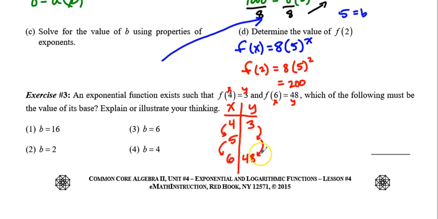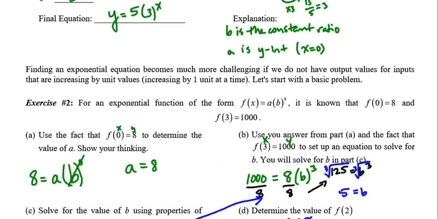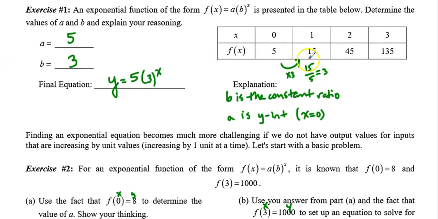So the base should grow twice, but it's being multiplied each time. So the way to represent that is with an exponent, right? So if we were just to say what the base went up by, we saw that back in the beginning. The base is what we get when we multiply a y value.